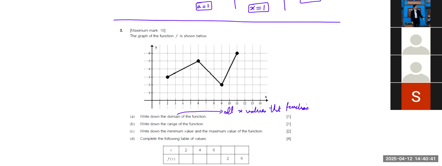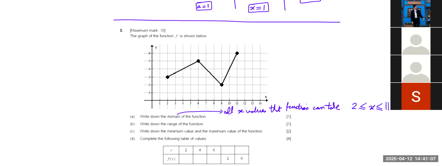Okay, so Sophia, give it a go. What do you think? What are all the x values that this function can take? Is it 2 and 11? Everything between 2. Yeah, exactly. So we'll say x is anything from 2 to 11.